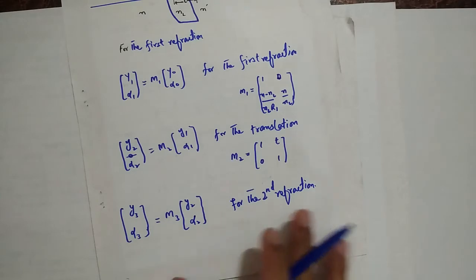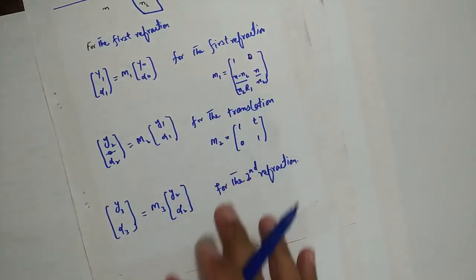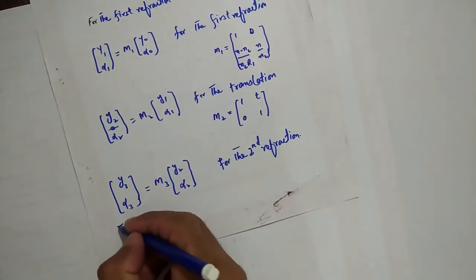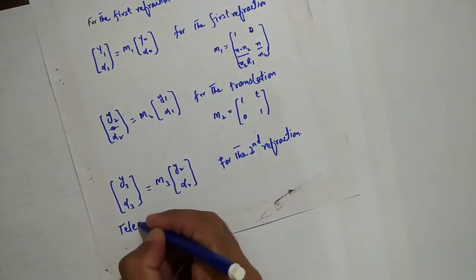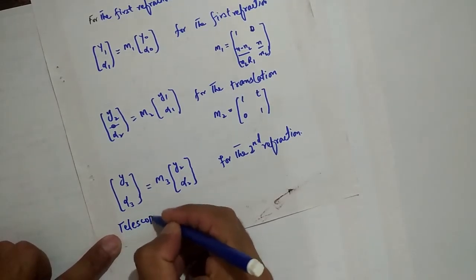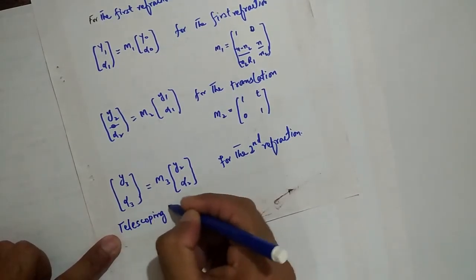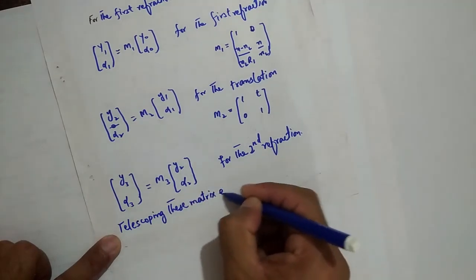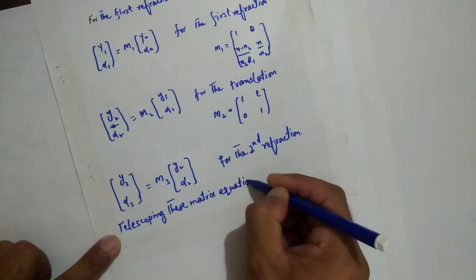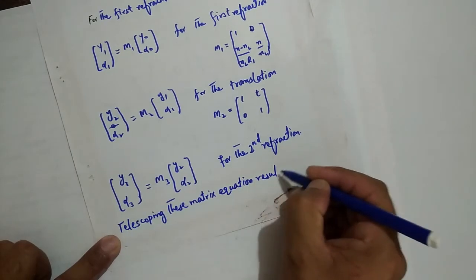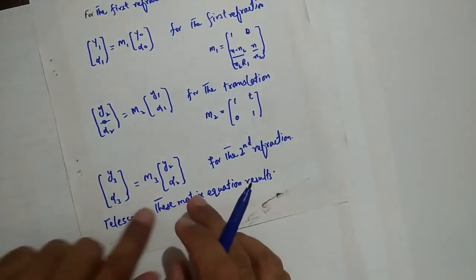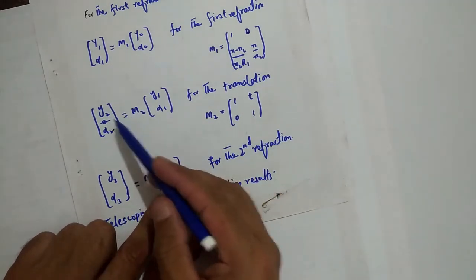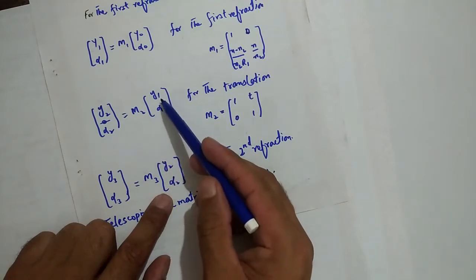So telescoping these matrix equations, it is easy. Here M3 times y2 alpha 2, and y2 alpha 2 is M2 times y1 alpha 1.